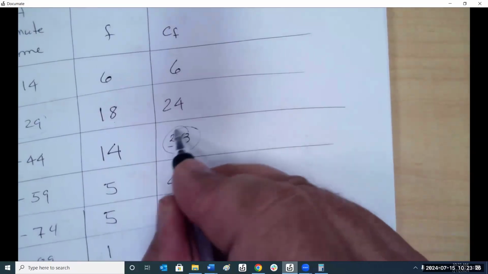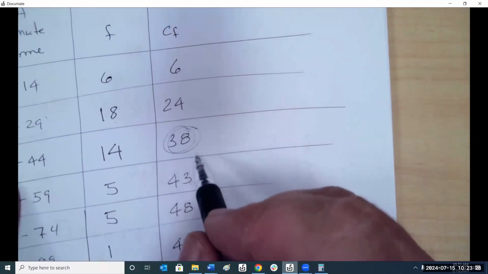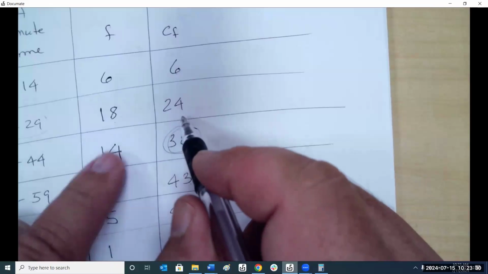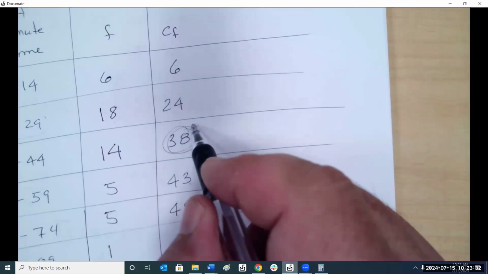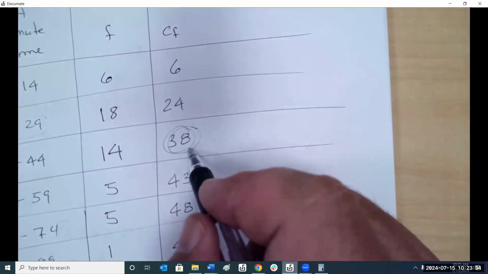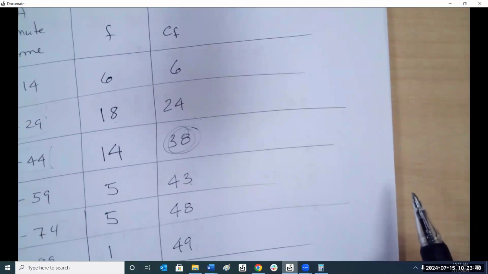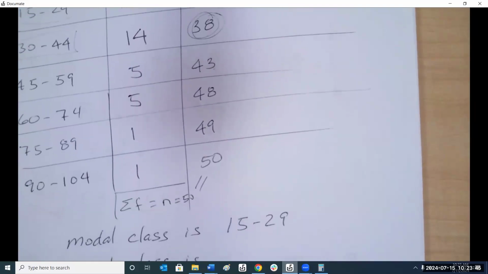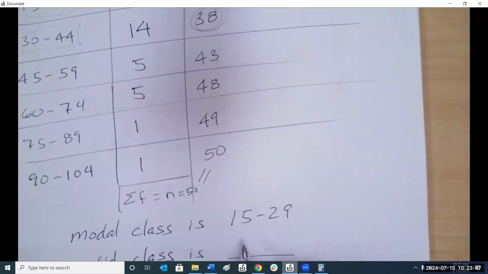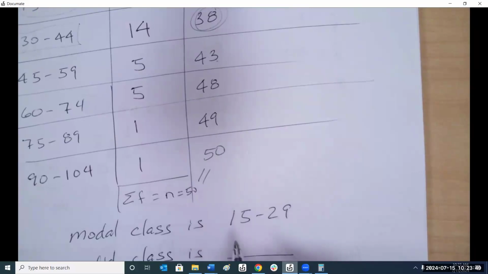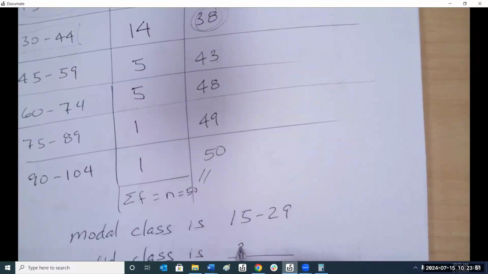This row contains the frequency numbers from 25 to 38. 25, 26, 27, 28, all of them belong in this class. Since both of them are inside there, the medial class is 30 to 44.